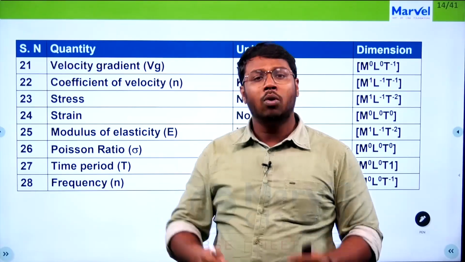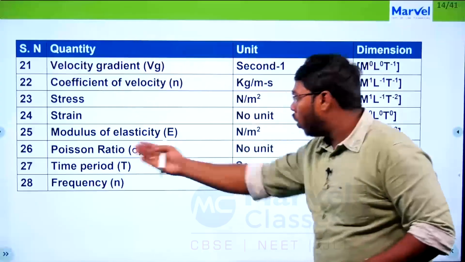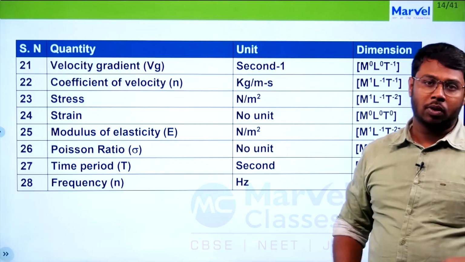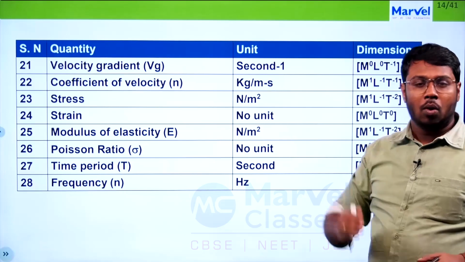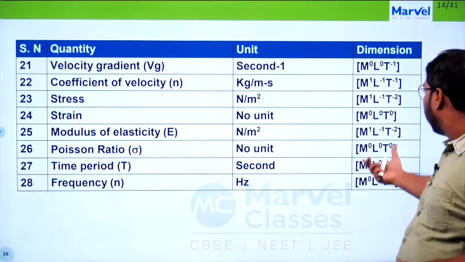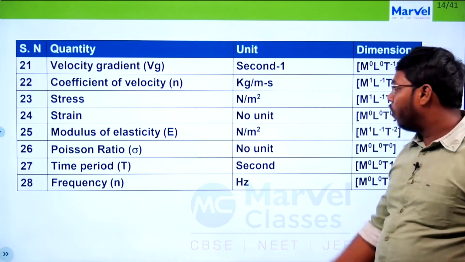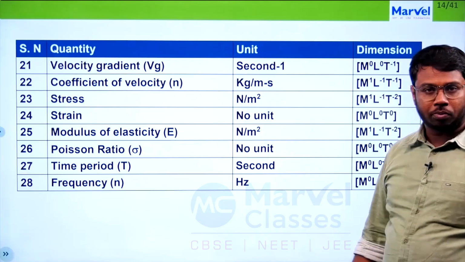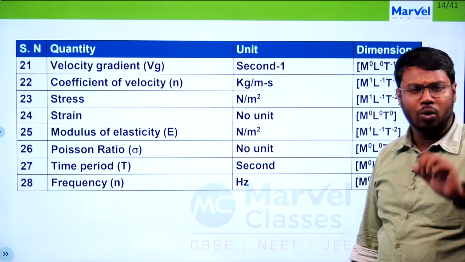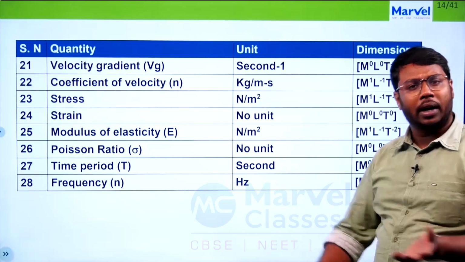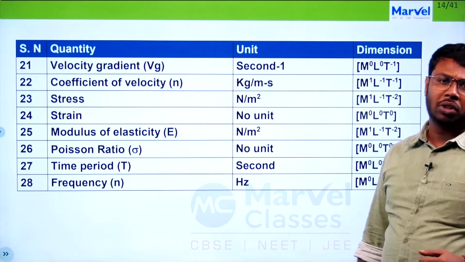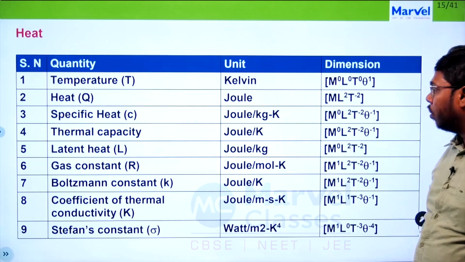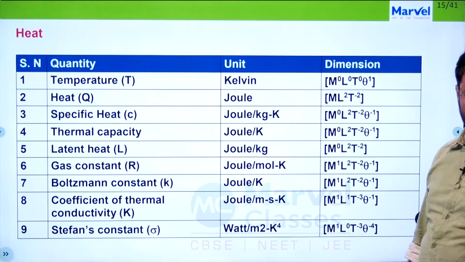To derive them down, you should first know how the quantities are being broken down, from where they are derived. Only if you know that, you can derive it down. In the same way, writing the units too. Once you are familiar with the unit, it is very easy for you to write the dimensions for them, right? So, that is how it is done.